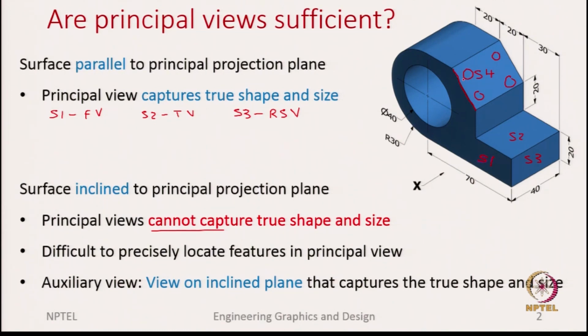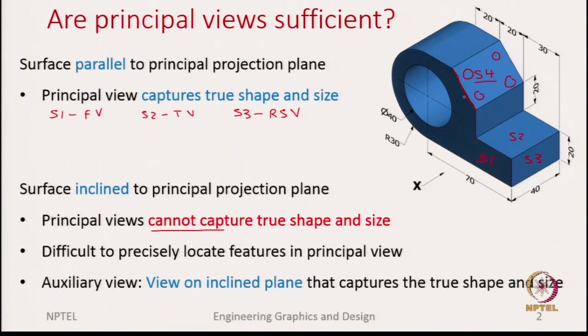So, to overcome this, one option is to use auxiliary views, where the projection plane used is not in line with the principal planes, which are the horizontal plane, the vertical plane or the profile plane, but you take an inclined plane which is parallel to the surface you are interested in. Here the surface of interest is S4.